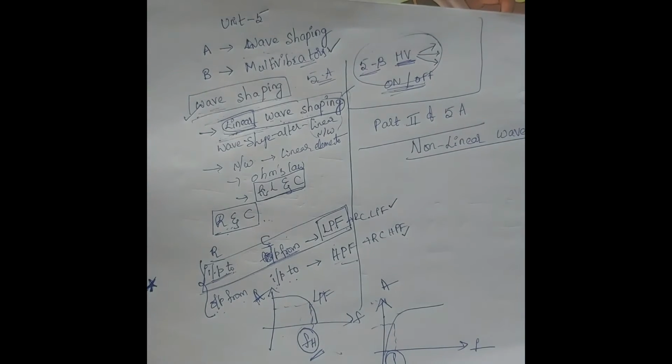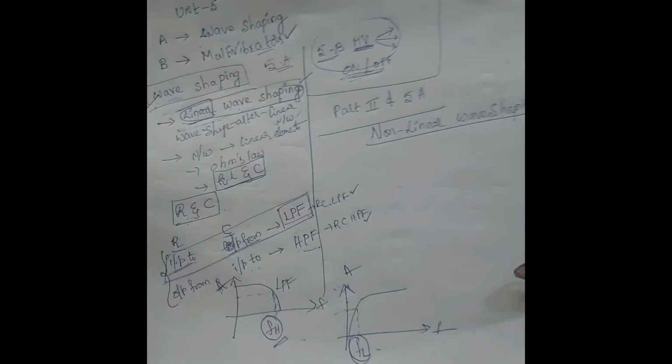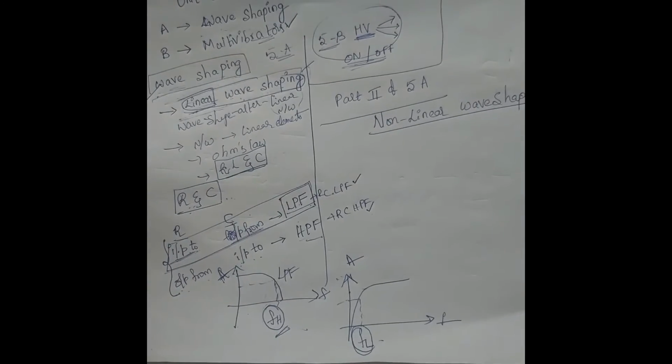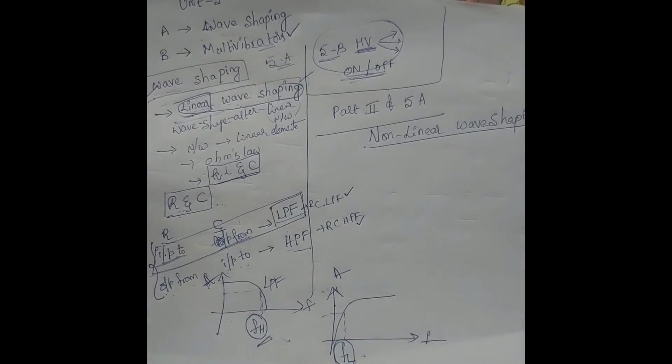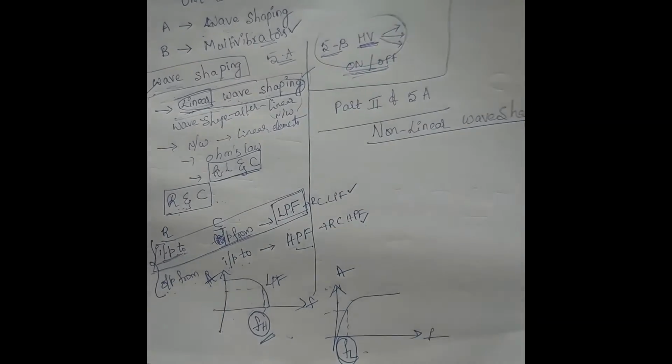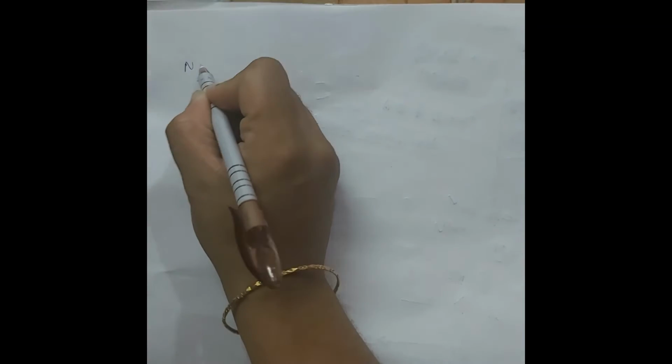What is nonlinear wave shaping? What is linear wave shaping? We have seen, right? So like linear wave shaping, nonlinear wave shaping will also be there. So what does nonlinear wave shaping mean? Let me be clear.